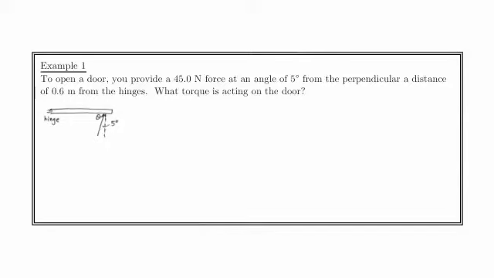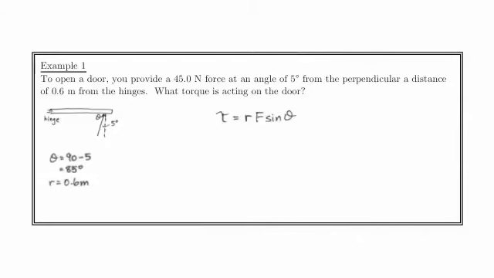Because the angle theta is defined as between the radius and the force, we need to do a little subtraction first. Theta is equal to 85 degrees. And the distance away from the hinge that you are pushing is 0.6 meters.